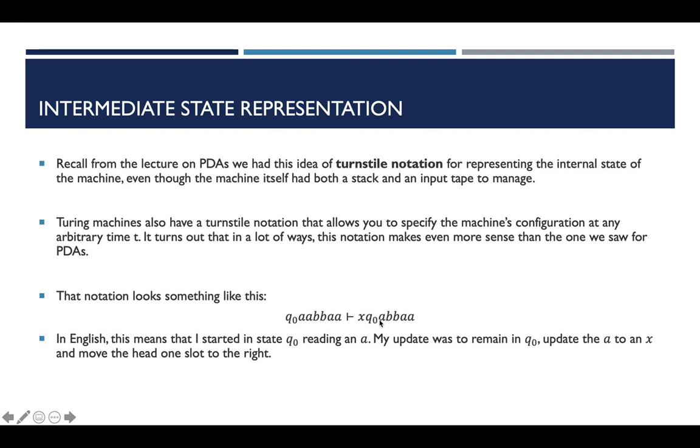This notation gives you all of the information about the rule that you applied, but it also tells you a whole lot more about the state of the tape. So you don't have to have scratch paper laying around trying to keep track of what each individual letter means, because that information is already encoded inside of this intermediate representation.